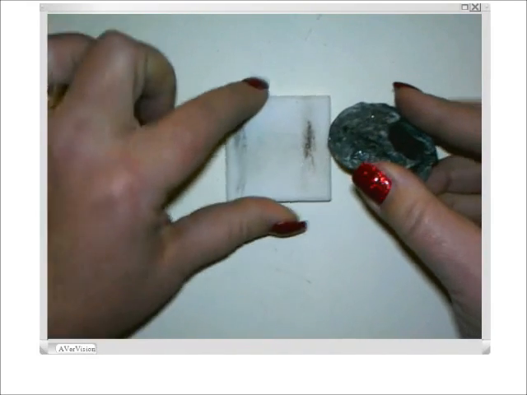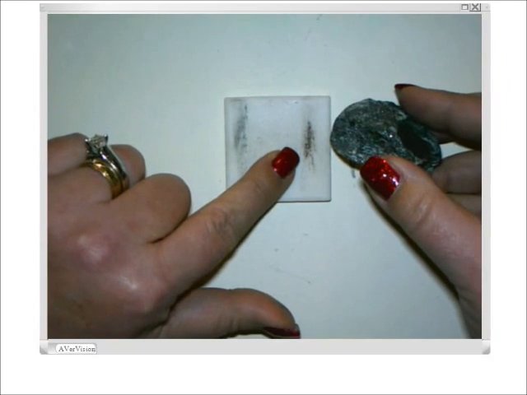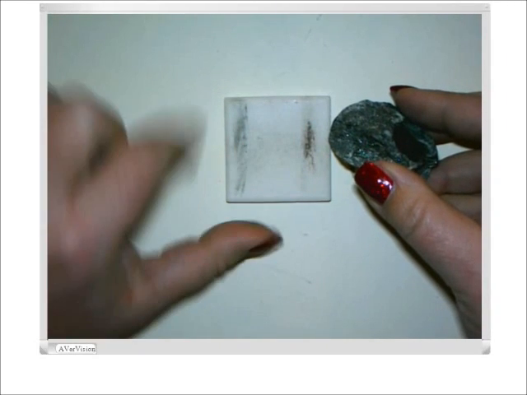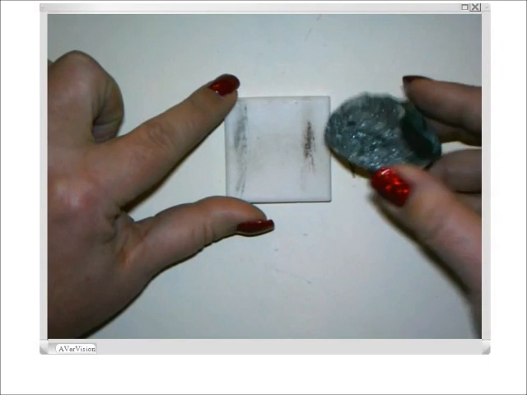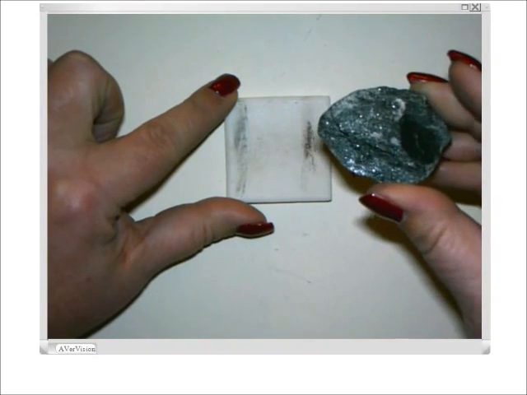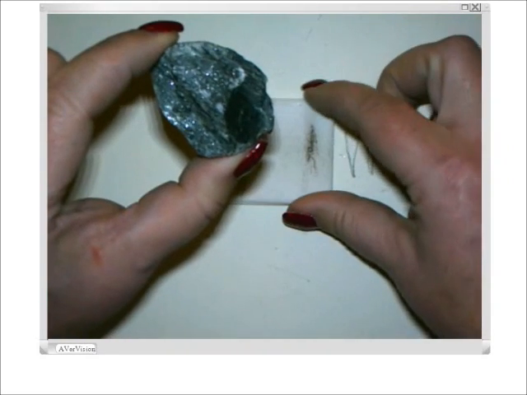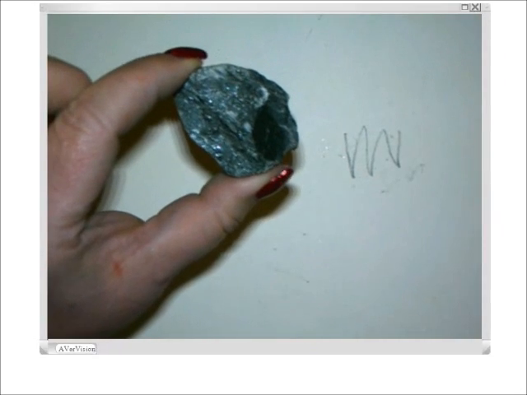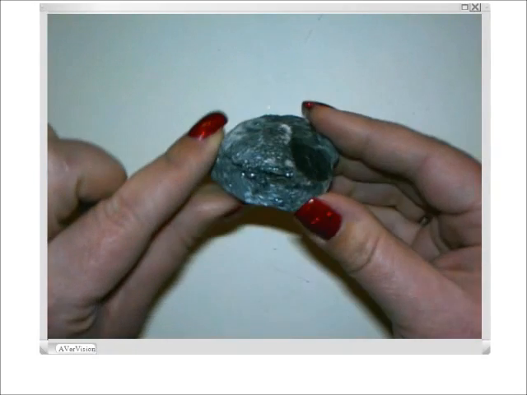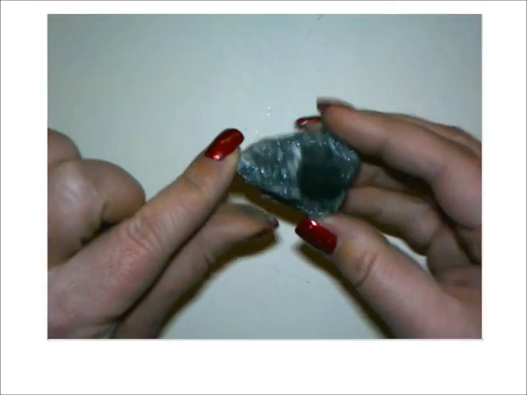You can see I have already streaked this mineral here. It streaks a slightly brownish, reddish color, and the mineral itself is obviously not that color. And on your test, I will provide you with a streak plate so you can streak test hematite to see if in fact it is hematite.